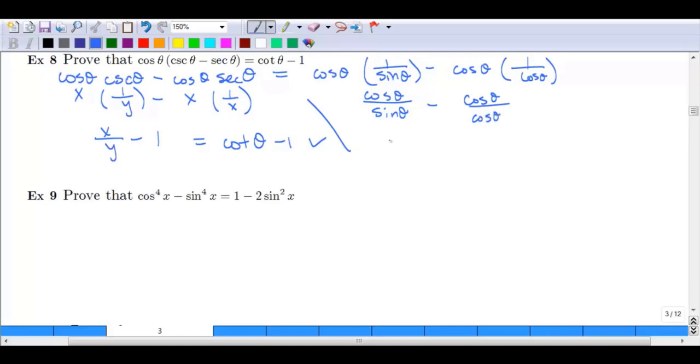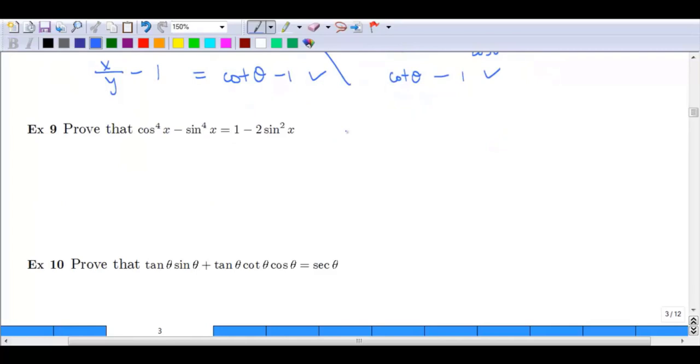So you end up with cotangent of theta, cosine over sine, minus 1, which again is what you wanted to get to. So just two different ways of going about this. If you want to use one over the other, that's fine. Just make sure you're comfortable and that you can use whichever one's more effective when necessary.